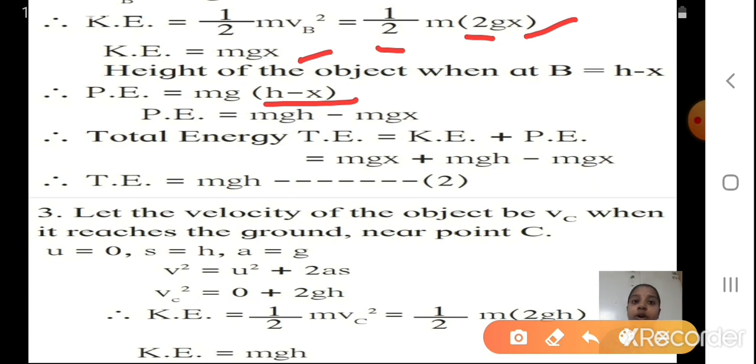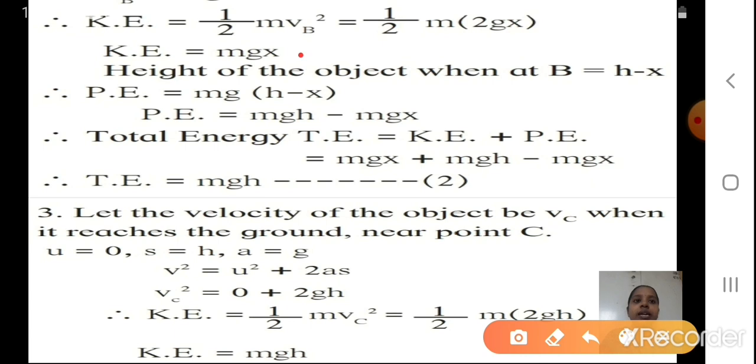So what I got? mg multiplied by H minus x. Now when I solve this, mg into H will become mgH, and again I have to multiply this mg with this x. So what it will become? Minus mgx. Understood? You know this. This is my potential energy what I got.